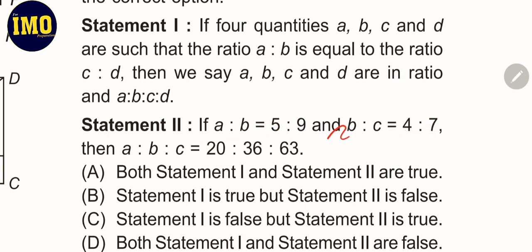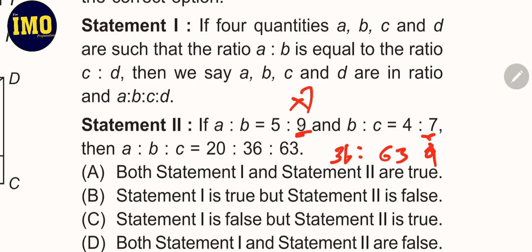For this we have B to C as 4 to 7 and A to B as 5 to 9. We must convert B to the same number in both cases. So here we multiply by 9 and here we multiply by 7. Now C is 63. Multiplying by 9, 4 times 9 is 36.